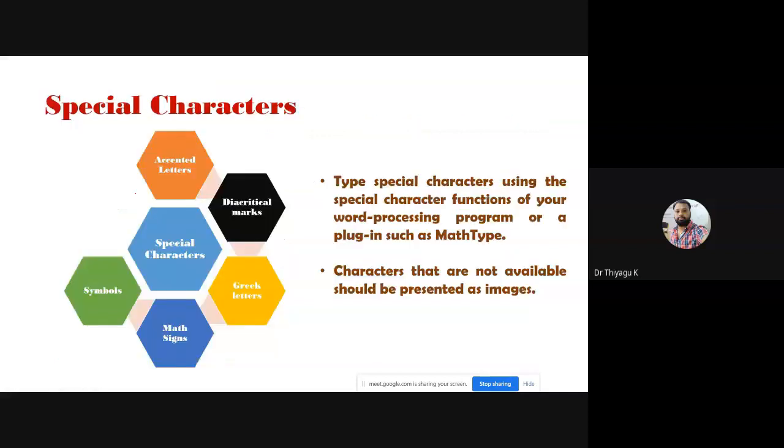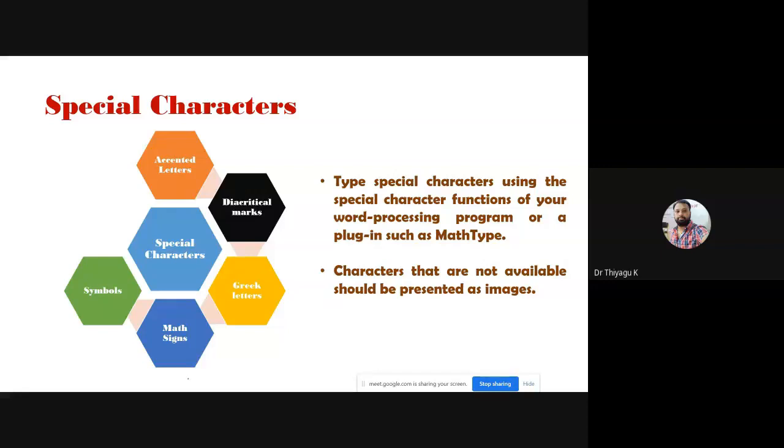Sometimes when you talk about the research report, I told you we have to use some abbreviations in the preliminary pages. But abbreviations are needed only when you use special characters. The special characters may be accented letters, diacritical marks, Greek letters, math signs and symbols.